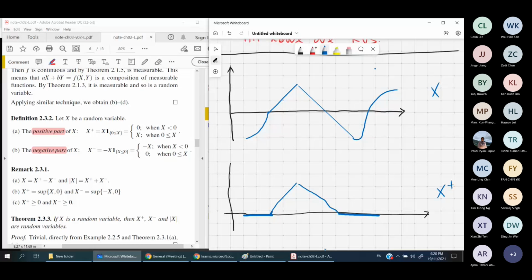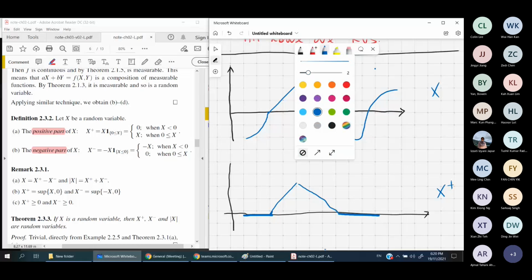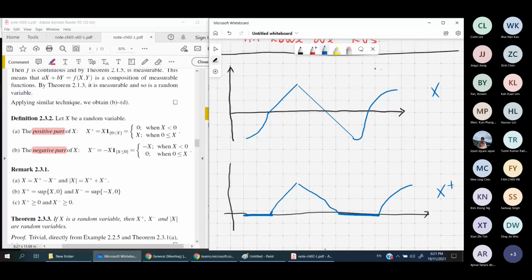But up to here, when this goes up, it turns out to be like this. So this is the positive part of our function. That means we are only taking the portion that is above the x-axis. Those portions below the x-axis, we level to the x-axis.